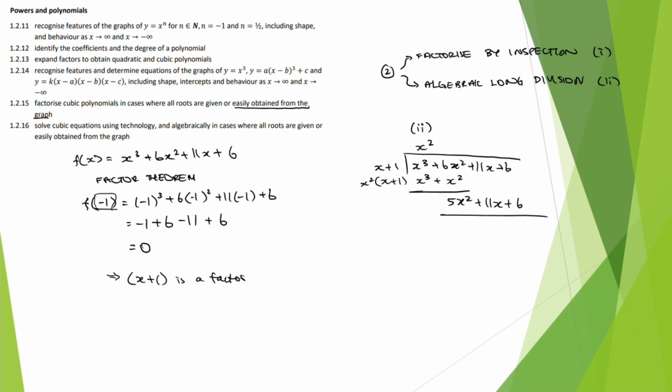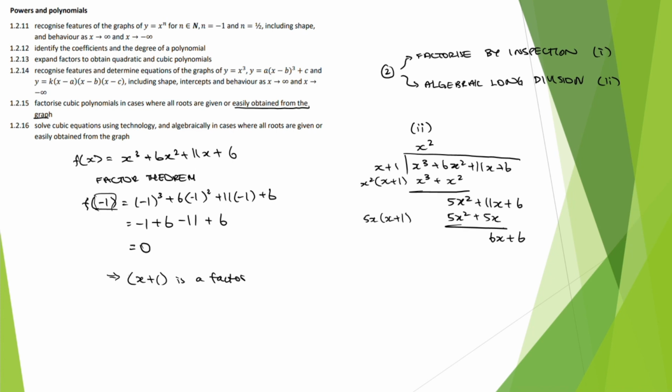Now we need to figure out how many times x plus 1 goes into 5x squared plus 11x plus 6. And to do that, we consider our highest value here. And we can see that x here goes into 5x squared 5x times. And so as a result, we have 5x multiplied by x plus 1, 5x squared plus 5x.